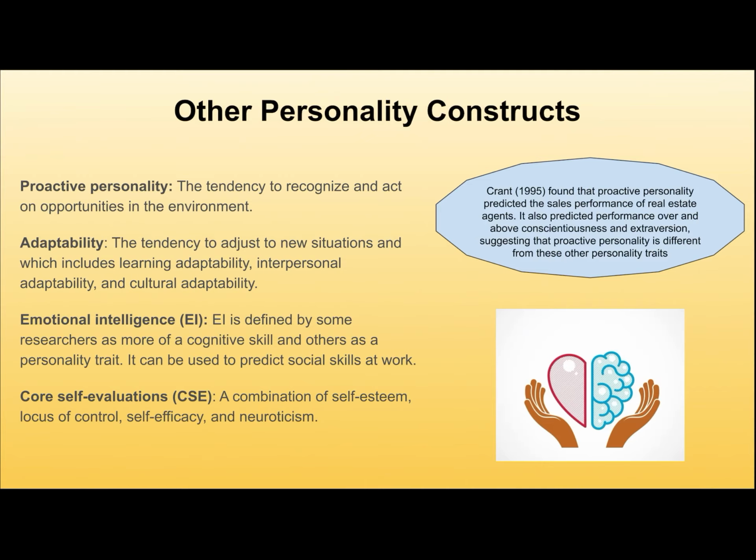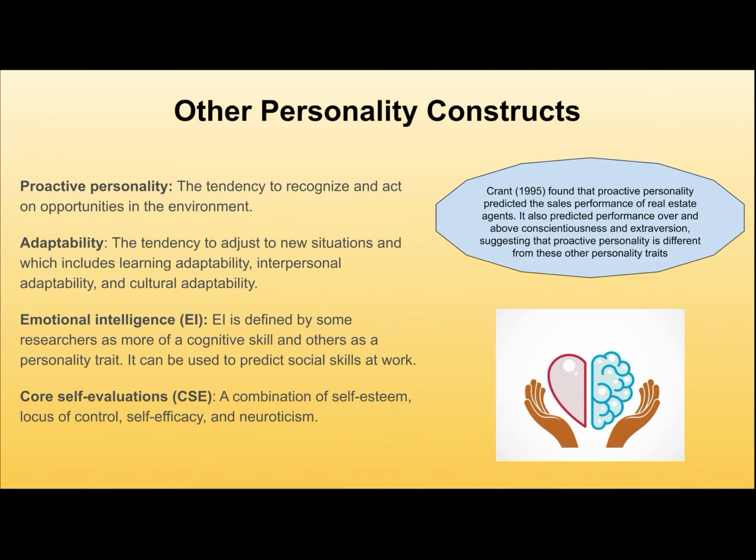Over on the right-hand side is a little interesting tidbit about proactive personality. There was a study back in 1995 that found that proactive personality could predict the sales performance of real estate agents. It also predicted performance more than conscientiousness or extroversion, suggesting that proactive personality is different from the big five.